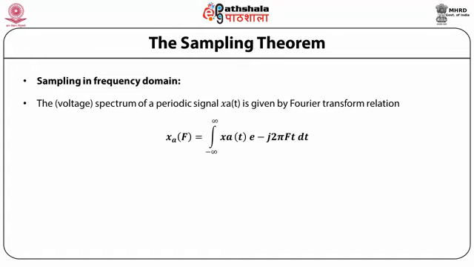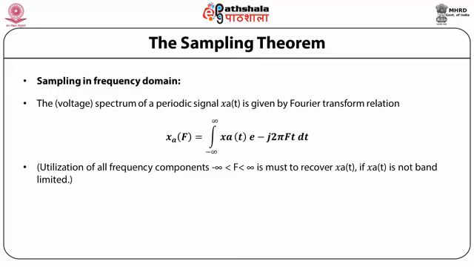So utilization of all frequency components F varying from minus infinity to infinity is a must to recover x_a(t) if x_a(t) is not band limited, and x_a(t) equal to integral minus infinity to infinity over X_a(F) exponential j2 pi Ft dF.